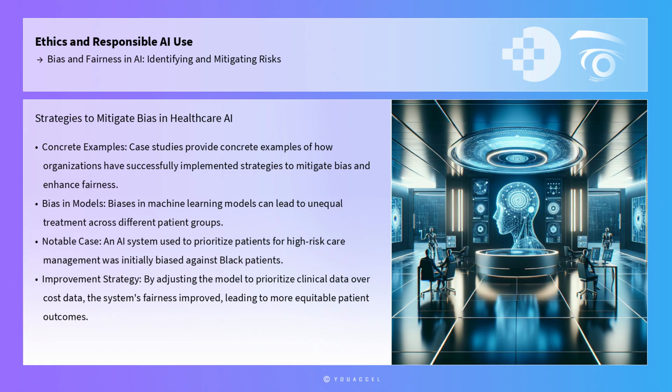A notable case involved an AI system used to prioritize patients for high-risk care management programs. The system was initially biased against Black patients due to its reliance on healthcare cost data, which did not accurately reflect health needs. By adjusting the model to prioritize clinical data over cost data, the system's fairness improved, leading to more equitable patient outcomes.